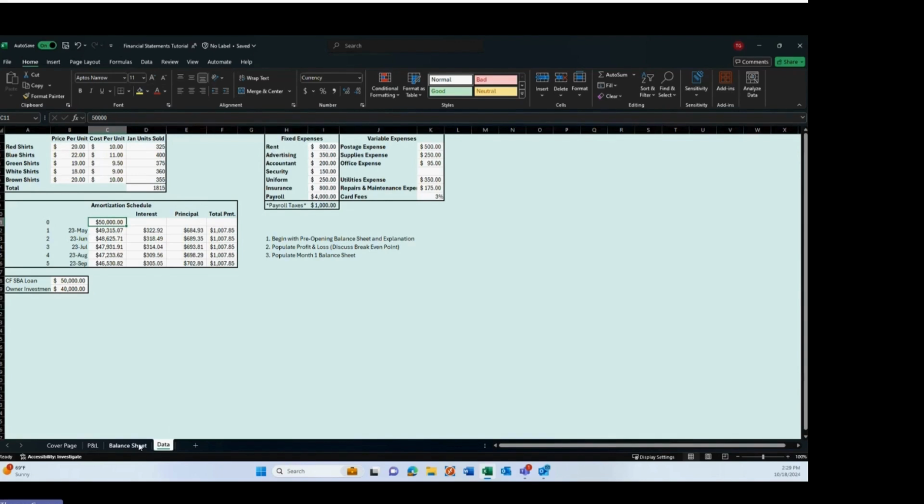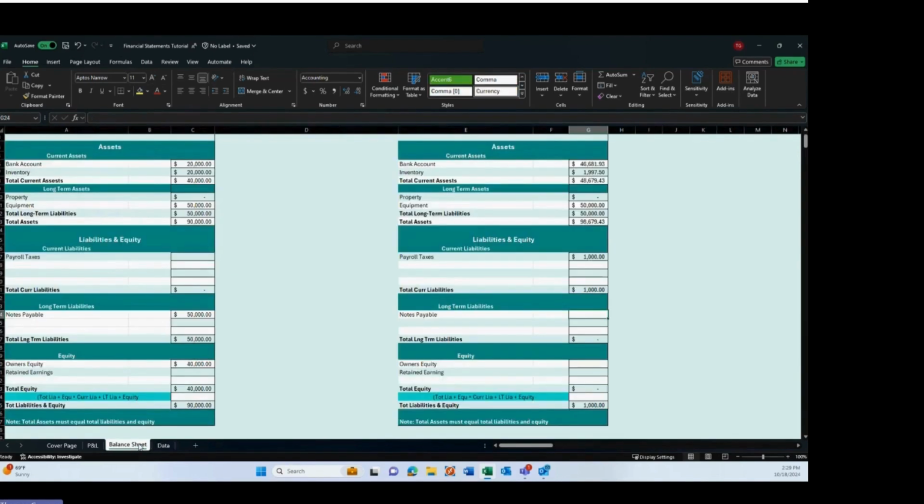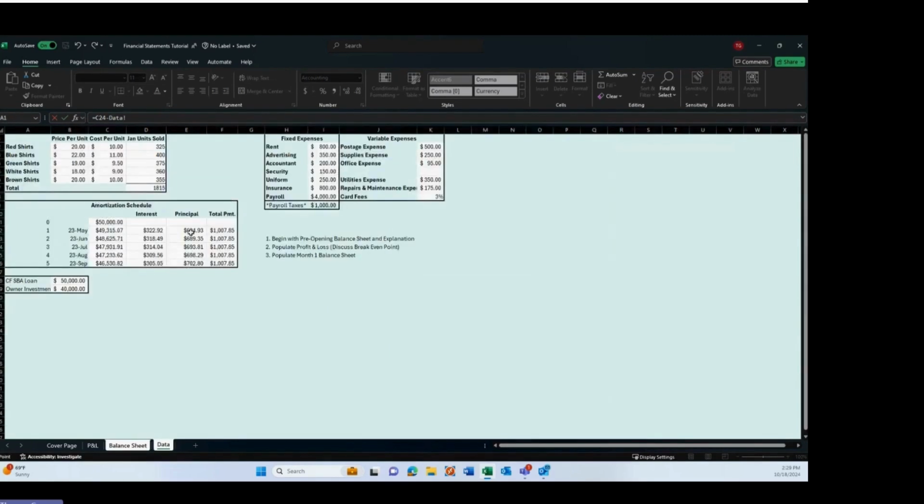So what we want to do is go over to our balance sheet, say notes payable equals that $50,000. Wrong 50,000. We'll go to this 50,000 minus the principal payment for the month of January.